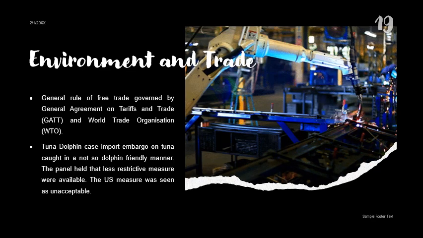It was not only in the shrimp-turtle case, but there's also another case, the tuna-dolphin case, wherein the state put an embargo on the tuna that was caught in an unfriendly way in another country. And the panel held that the United States could have used less restrictive measures to ensure environmental protection of the dolphins.